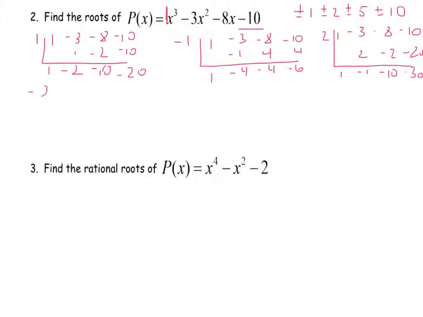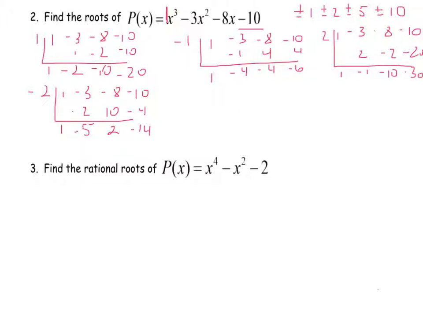So I do negative 2: 1, negative 3, negative 8, negative 10, 1, negative 2, negative 5, 10, 2, negative 4, negative 14.